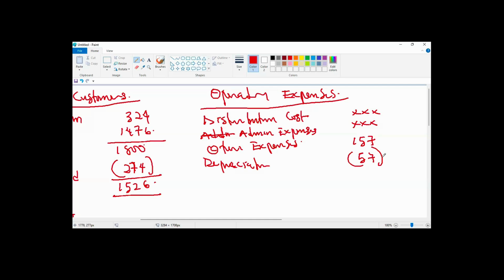Amortization. Go to the question: amortization, 60. What do we do to amortization in indirect? We add. What are we going to do here? We less.